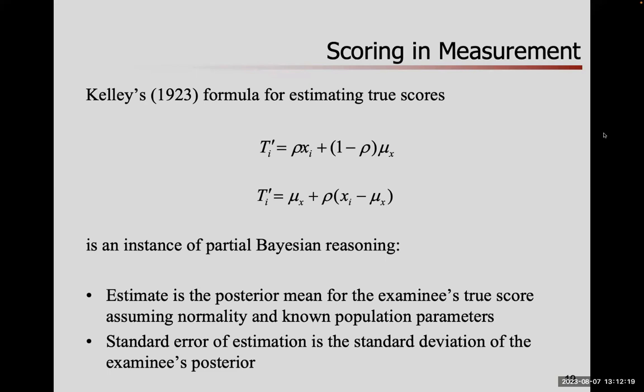And the standard error of estimation from classical test theory is the standard deviation of the posterior distribution. It wasn't derived in this way. It wasn't even recognized as an instance of Bayesian reasoning for many decades, but it is. There's a connection here between inference about people and assessment and Bayes inference that I'd like to draw out now.